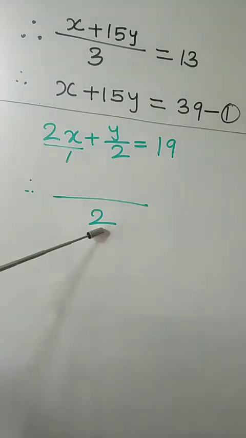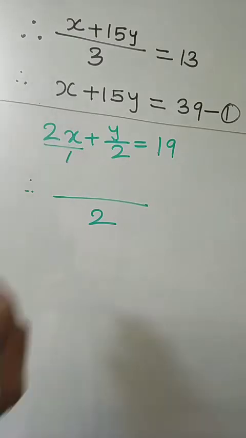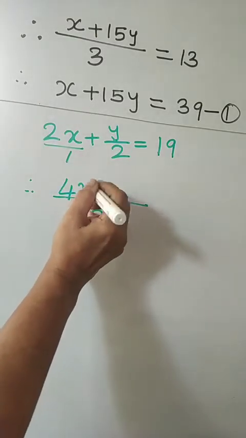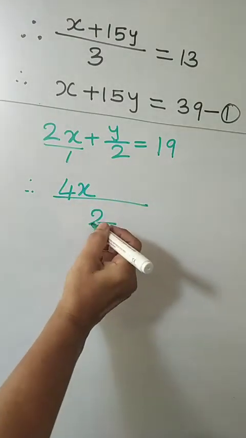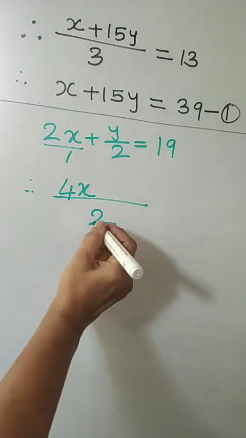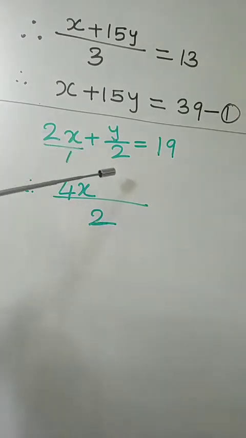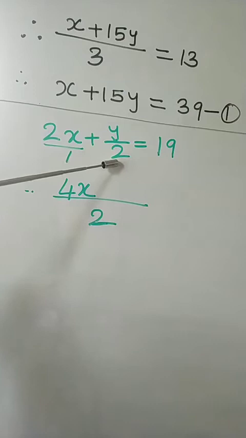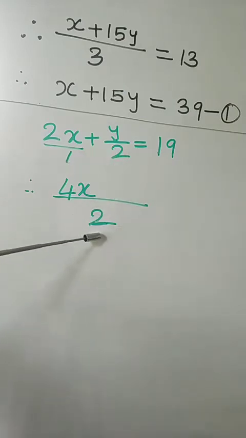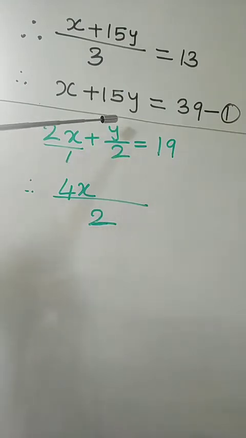1 2s are 2. So 2x into 2 will give you 4x. Plus, your denominator is 2, 2 1s are 2. So y has to be multiplied with 1.